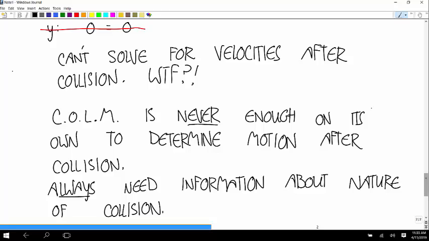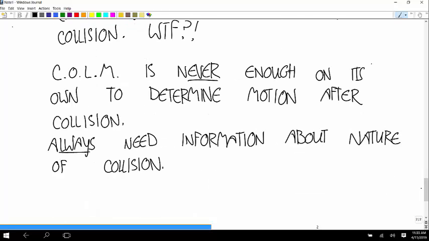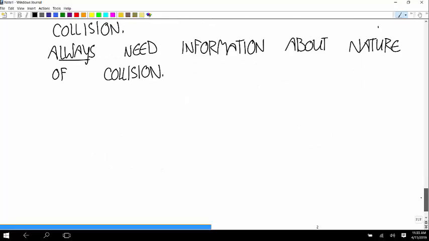And then the collision will give you extra equations so you can solve this system of variables. The most common simple types of collision that you use in mathematical modeling like this: two common collision types.